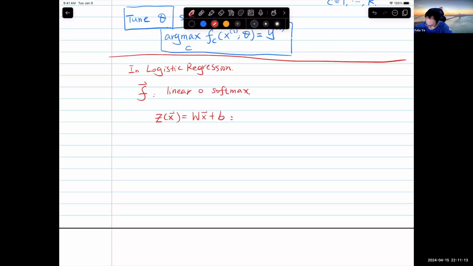This z is called the pre-activation vector, W is the weight matrix, and b is the bias vector. You can think about this as nothing but a linear regression problem. This is the linear model that we have already.